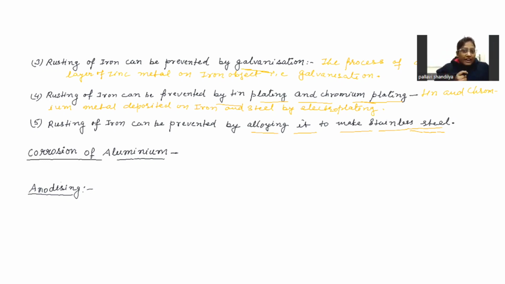Okay, when aluminium oxide is formed, we can see in aluminium utensils, after some time the shiny color of aluminium utensils is gone. कुछ टाइम के बाद क्या देखते हैं, एक शाइनीनेस होता है एल्यूमिनियम के यूटेंसिल्स में, बट कुछ टाइम के बाद हम देखेंगे वो थोड़ा सा डल हो गया। क्यों डल होता है, क्योंकि वो ऑक्सीजन से रिएक्ट करके एल्यूमिनियम ऑक्साइड बनाता है। बट यस, दैट एल्यूमिनियम ऑक्साइड इज बेनिफिशियल फॉर एल्यूमिनियम, व्हाई, बिकॉज इट प्रिवेंट्स फर्दर कोरोजन। So aluminium oxide is the protective layer on the aluminium utensils.